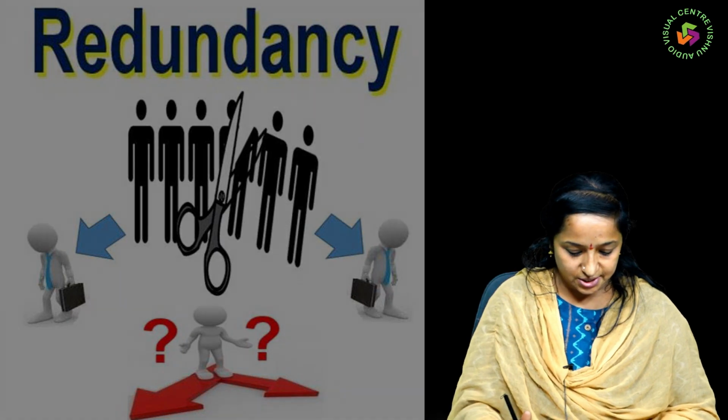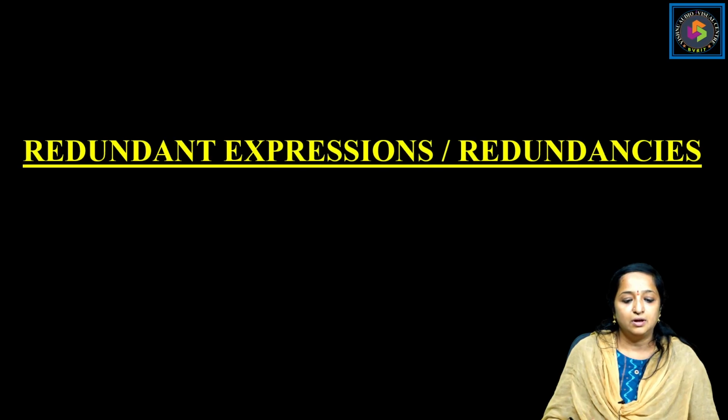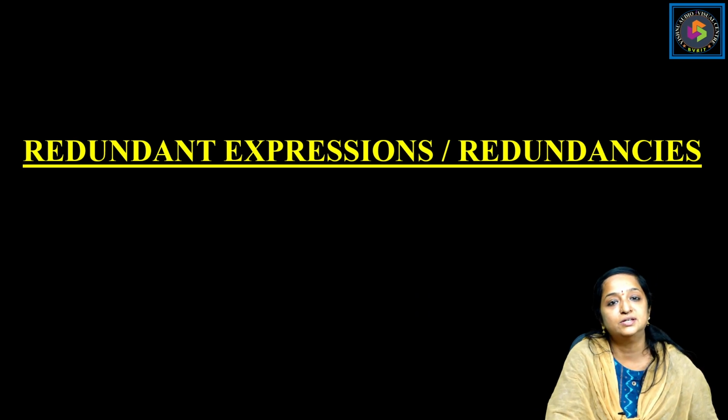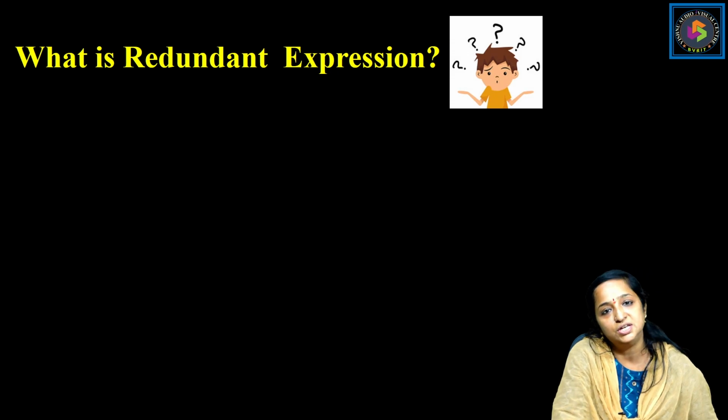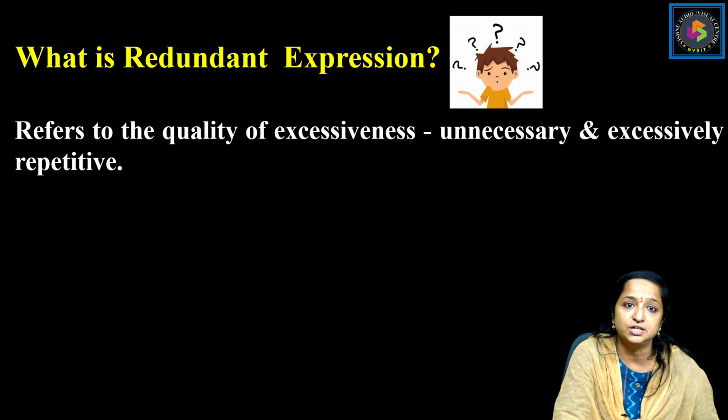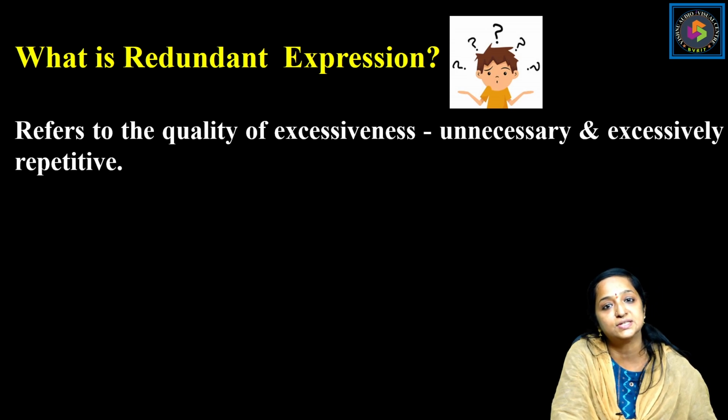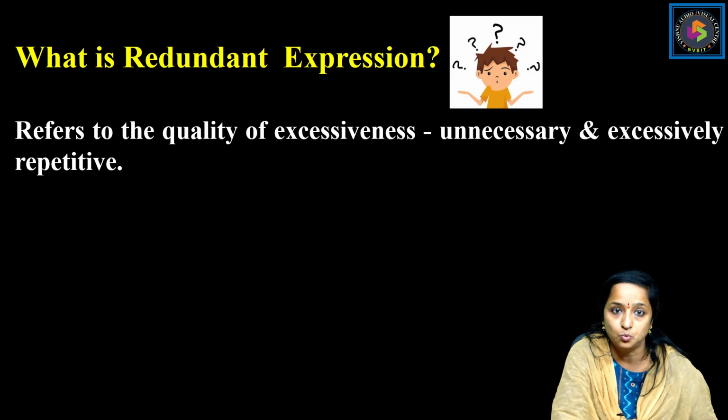Let's get started. That is, redundant expressions or redundancies. Before going to that, let us know what a redundant expression is. A redundant expression refers to the quality of excessiveness: unnecessary and excessively repetitive words.